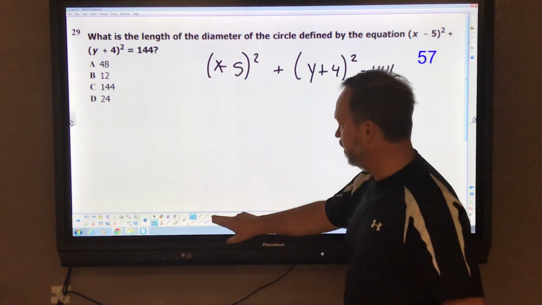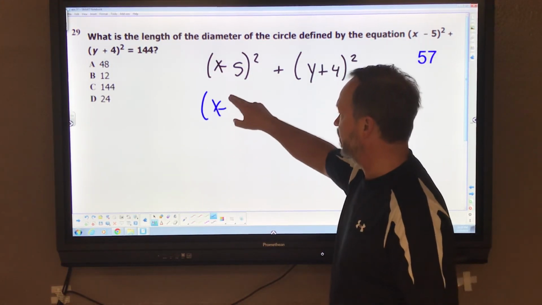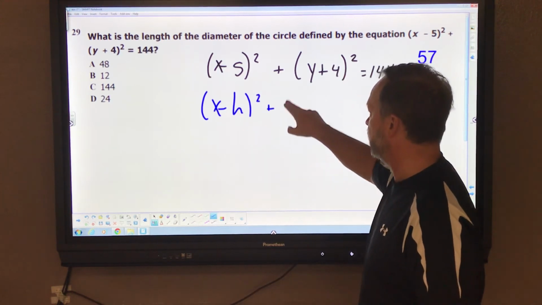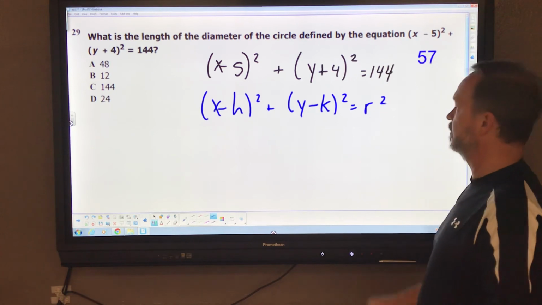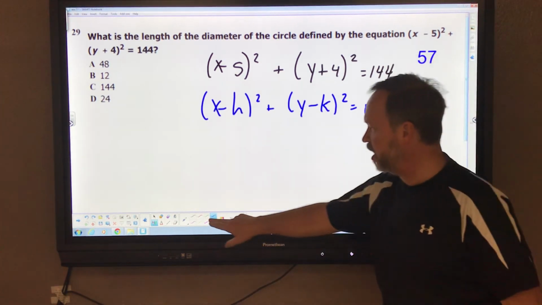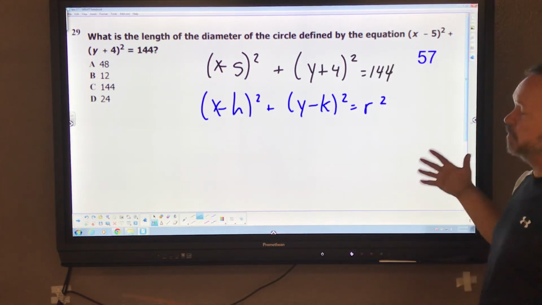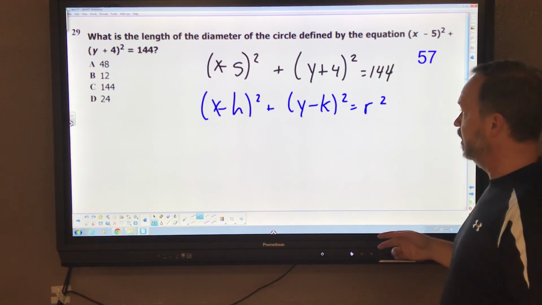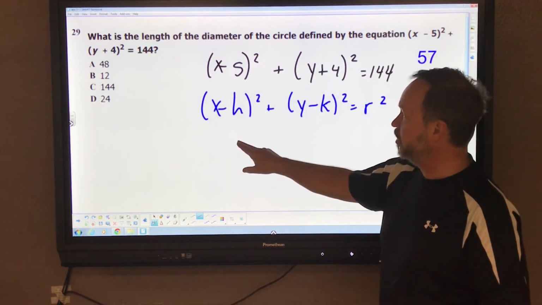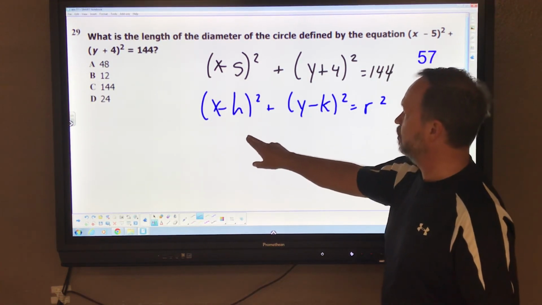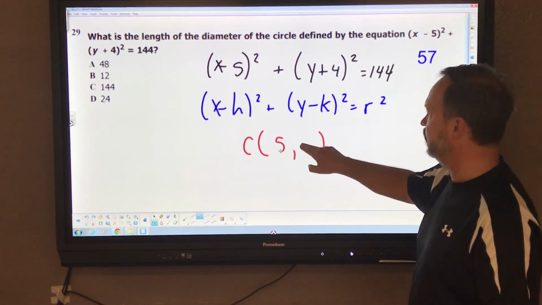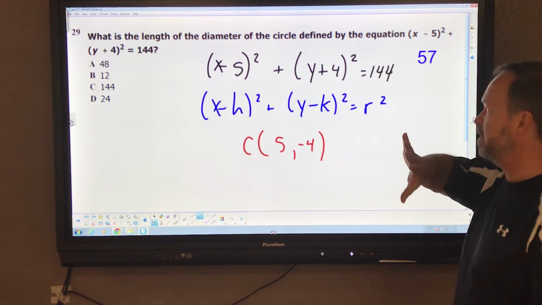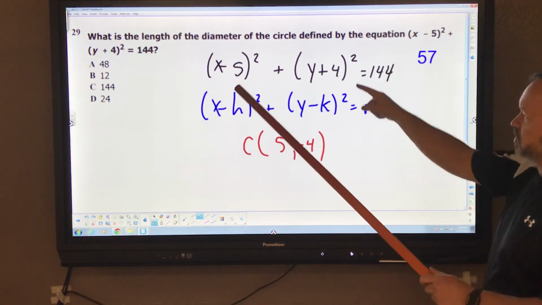Well, hopefully you remember that this is in the form of (x minus h) squared plus (y minus k) squared equals r squared. Okay, so I'm going to say something that is not relevant to this question, but it could be relevant to a question you'd see in the future. And that is that the center of this circle, let's call it C, is at (5, -4). Now that's not this question, but I just want you to see that's how that would work.